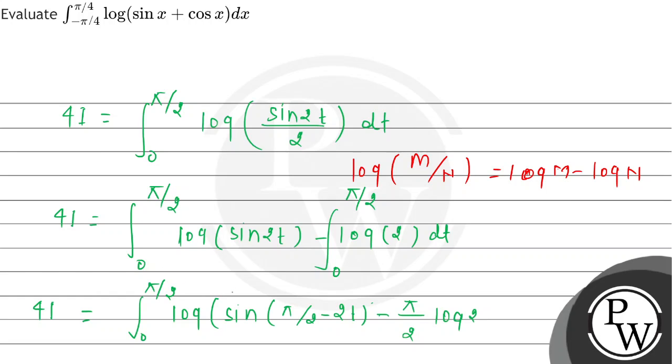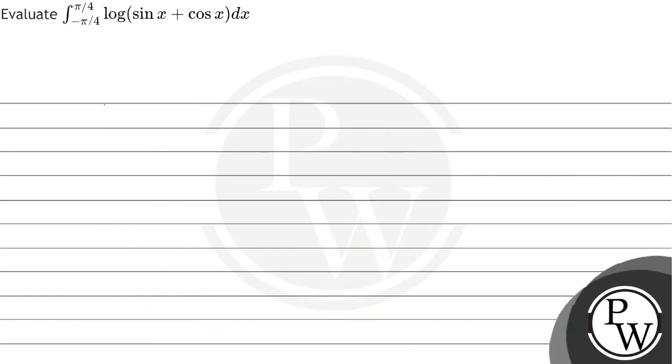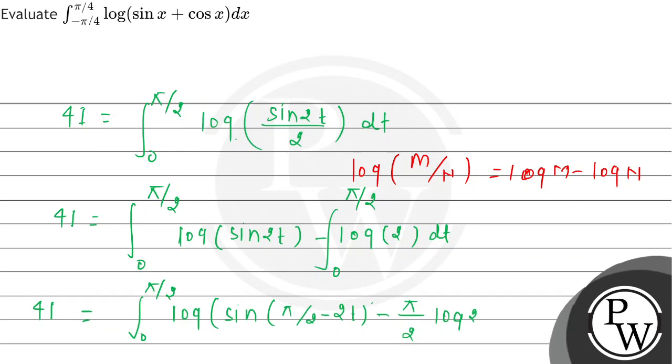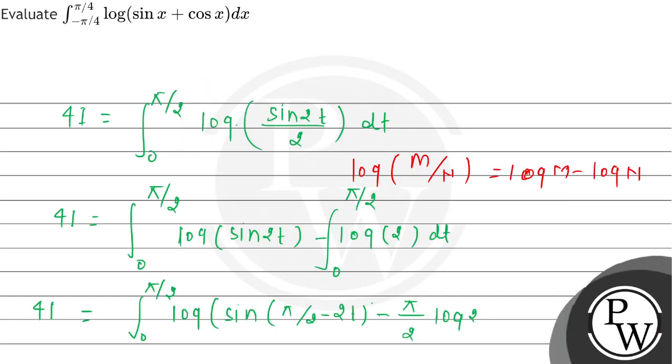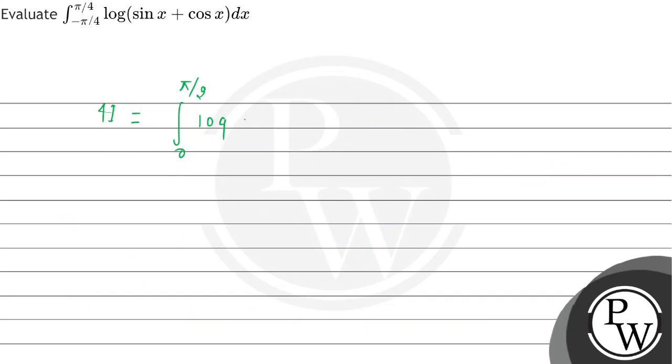So now we'll integrate this and see what we are getting. 4I is equal to the integration from 0 to pi by 2 of log of sin of (pi by 2 minus 2t), which can be written as log of cos of 2t, minus pi by 2 log 2.